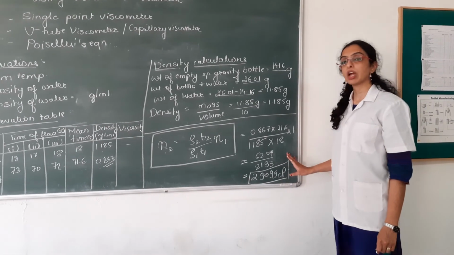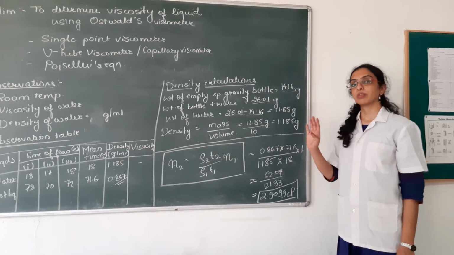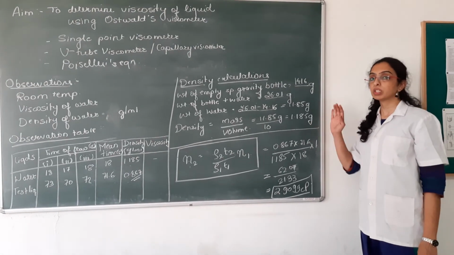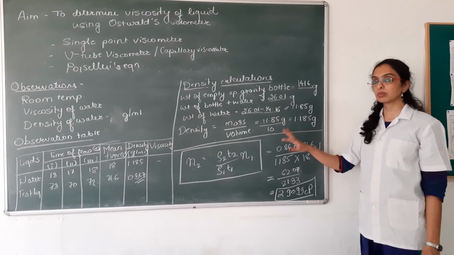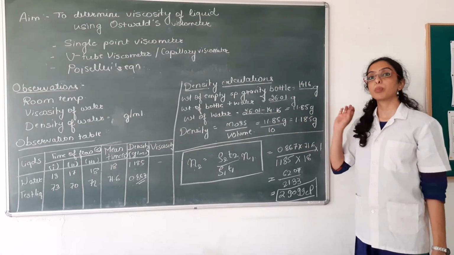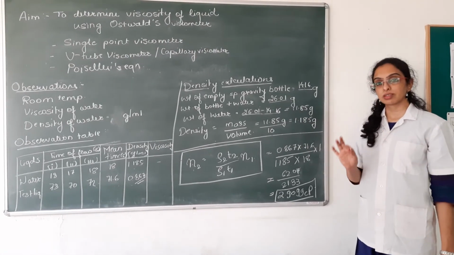So similarly you can determine the viscosity of any liquid with reference to water using an Ostwald viscometer, provided that the liquid is a Newtonian fluid. So I hope you have understood the procedure and the calculations.